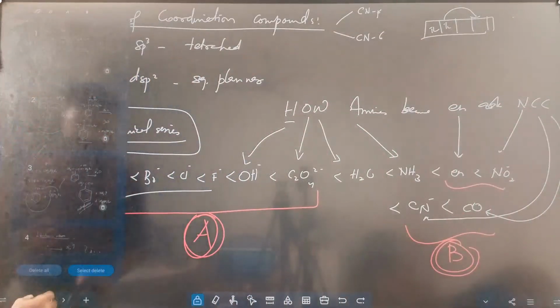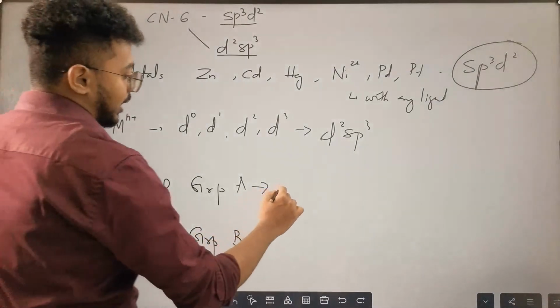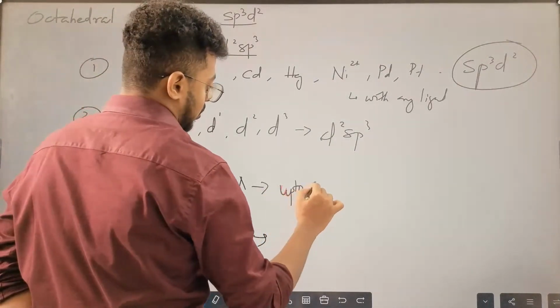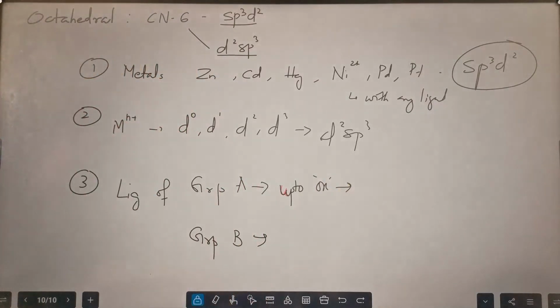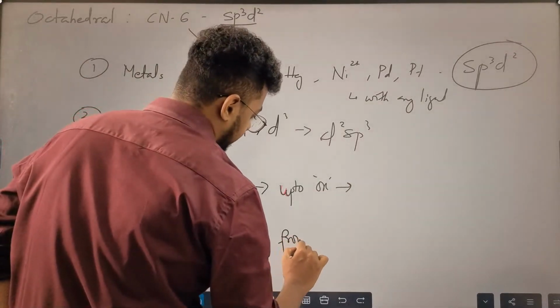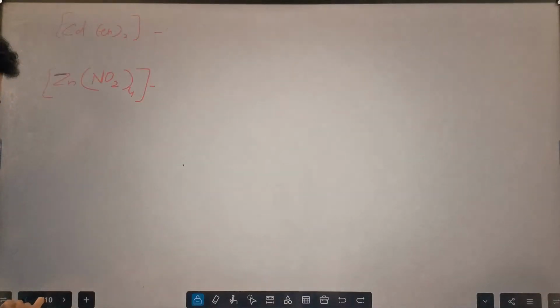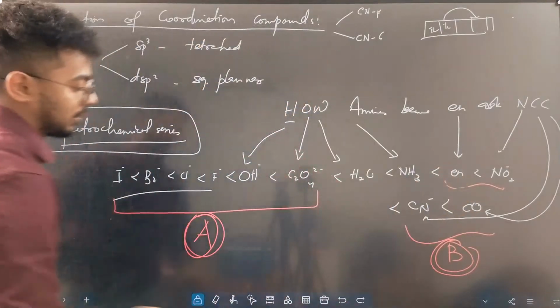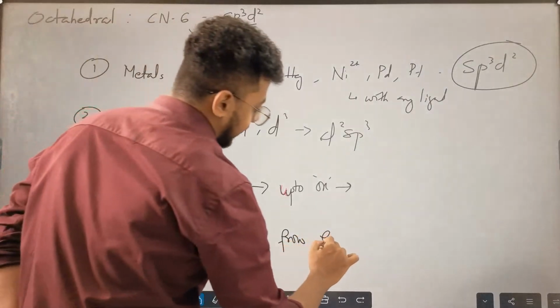So group A is up to oxalate, and group B is from diamine, that is from En.